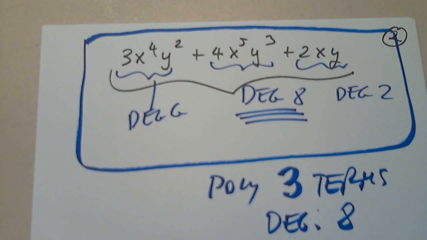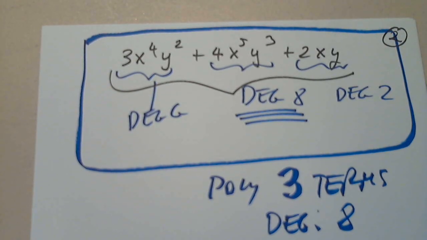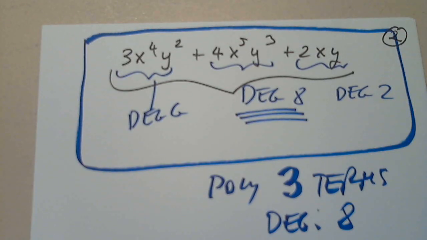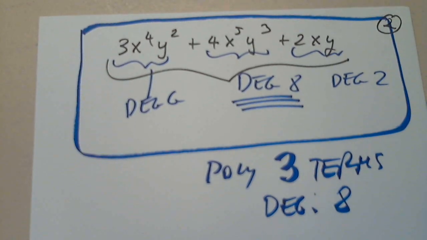All powers of the variable or variables can be 0, 1, 2, and so on. They cannot be negative or a fraction. There's such a thing as a negative power. Yes. Perfect question.